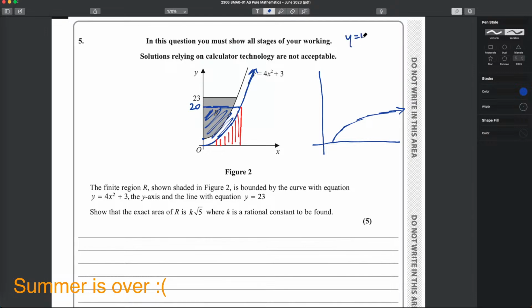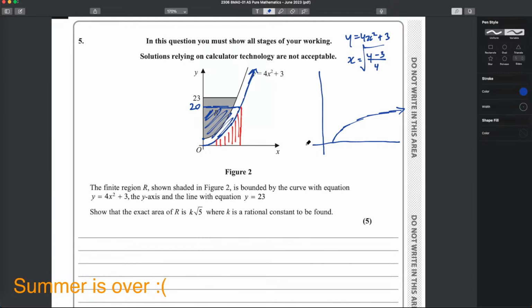So if y equals 4x squared plus 3, then x is y take 3 on 4, but then you have a square root.